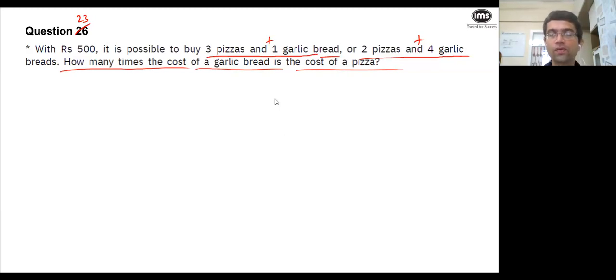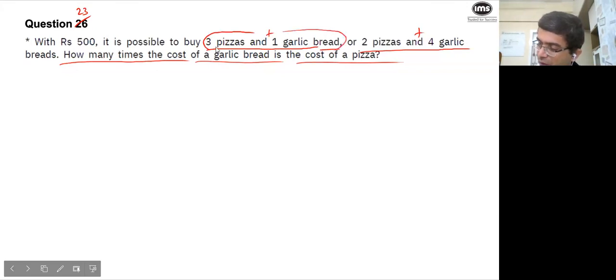Right. So what's a trick or shortcut to do this? Okay, just hear me out. If I'm buying 3 pizzas and 1 garlic bread, if I reduce one pizza, so from 3 pizzas I come down to 2 pizzas, so I have reduced 1 pizza.